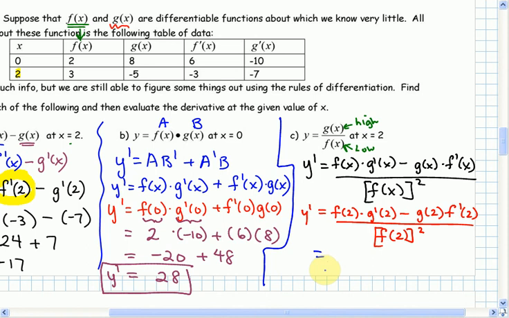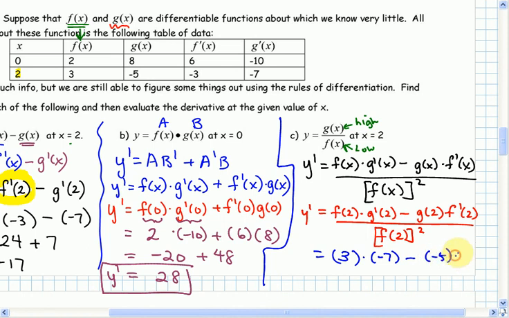Go ahead and plug in the numbers. F of 2, what's that? G prime of 2. G of 2. F prime of 2.